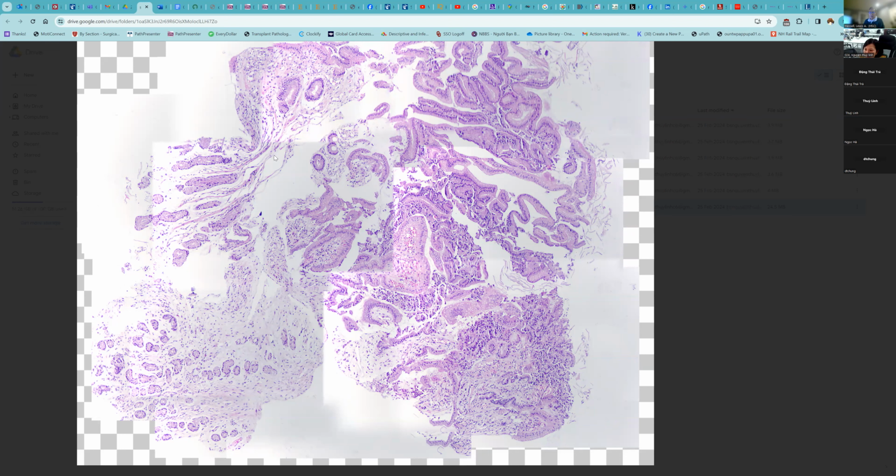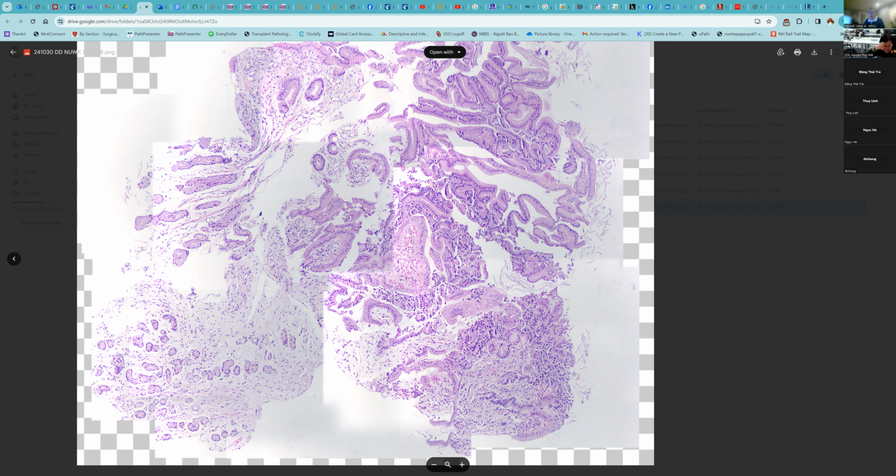Typically with the inflammatory polyps, we lose any evidence of a muscularis mucosa. And that also can happen with the hyperplastic polyps. The muscularis mucosa becomes less attenuated or stretched out, and we don't see very much of that.